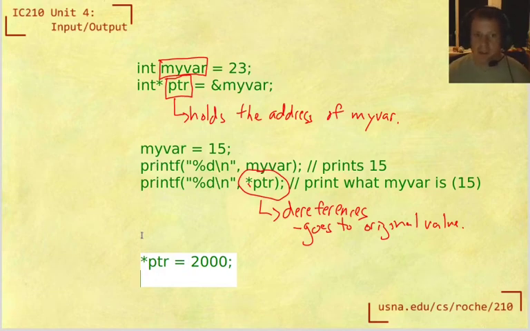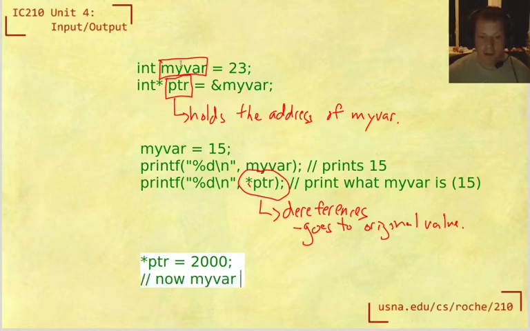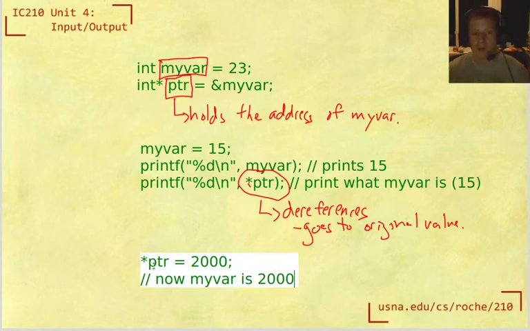It's still pointing to the location where the myvar variable is. But this dereference says, don't change the pointer, change the thing that ptr points to. So the thing that it points to is this variable, and now myvar is 2000. So we've actually changed the original variable by using this pointer change.